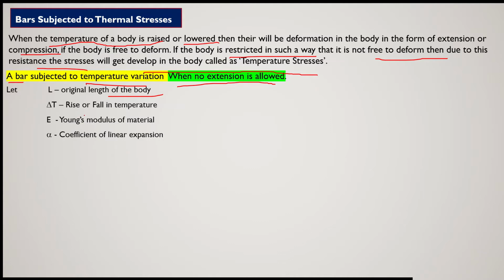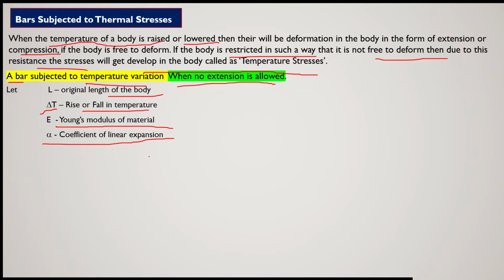That means there may be some rise or fall in temperature, and we denote it as delta T. So delta T will be the rise or fall in temperature. Let E be the Young's modulus of elasticity of that material, and alpha is a constant for a particular material, and this alpha is known as the coefficient of linear expansion.